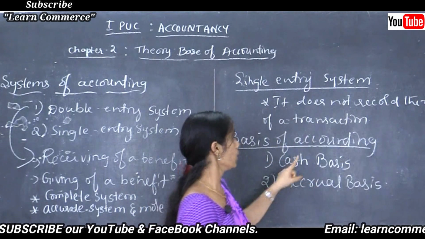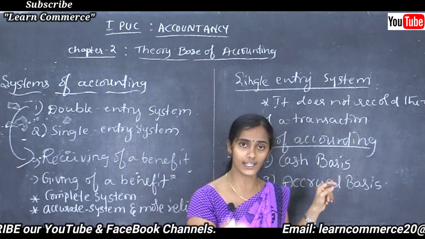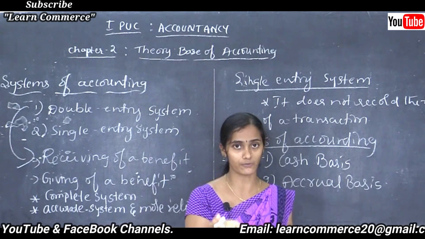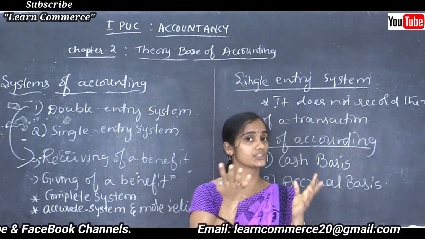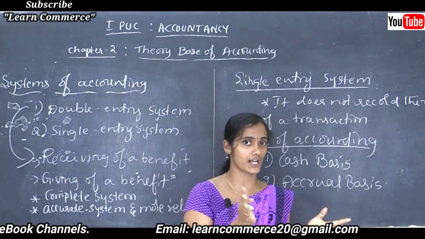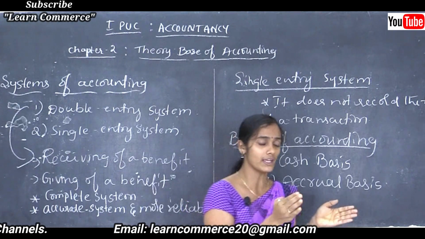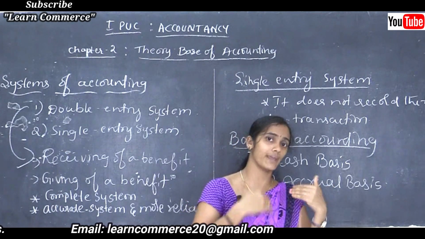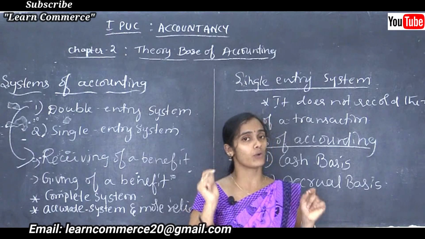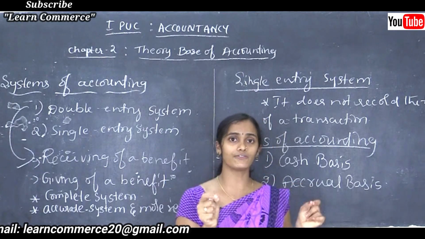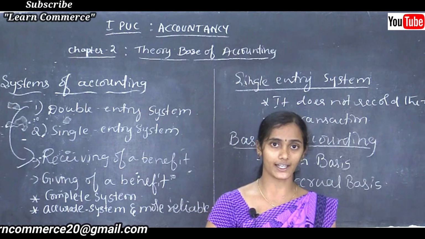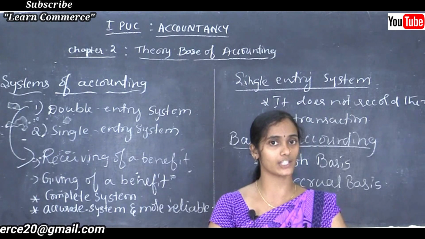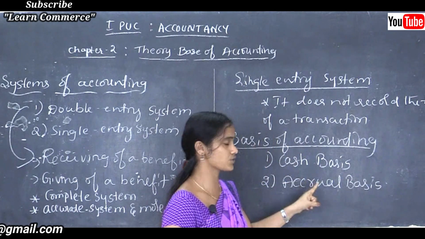Getting my point? Only after receiving the cash into your hand can you record such a transaction in the books of account, whether it is an expense or income, whatever it may be. Only after receiving or paying the cash can you record that transaction.